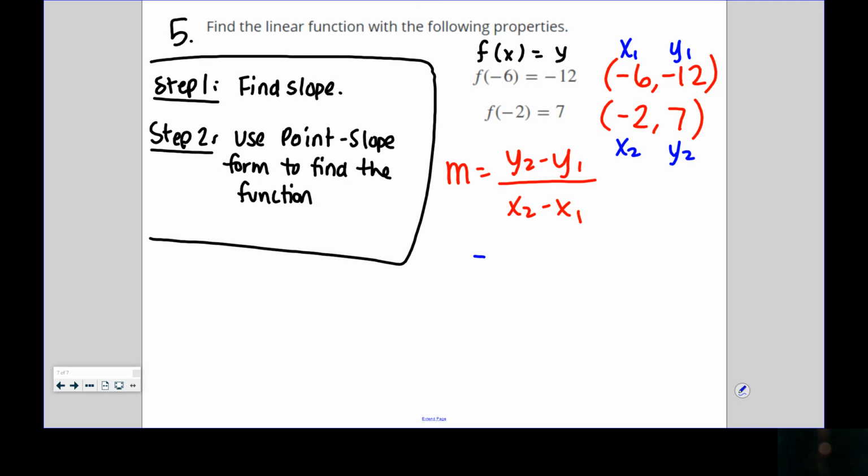All right, so let's plug them in. Be really careful here. It's super easy to mess up with the signs. So y2 minus y1, 7 minus -12. And then x2 minus x1, -2 minus -6.